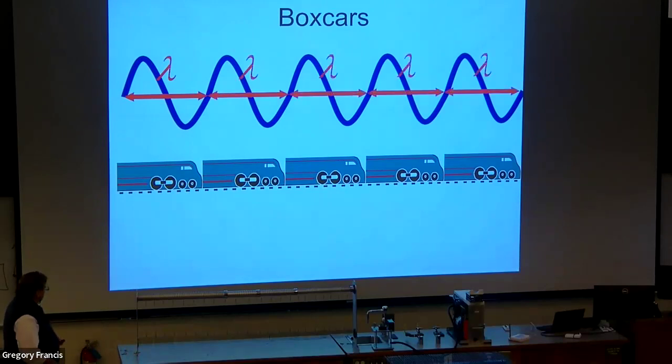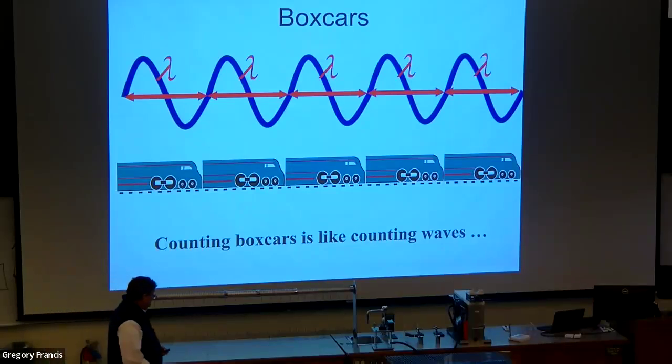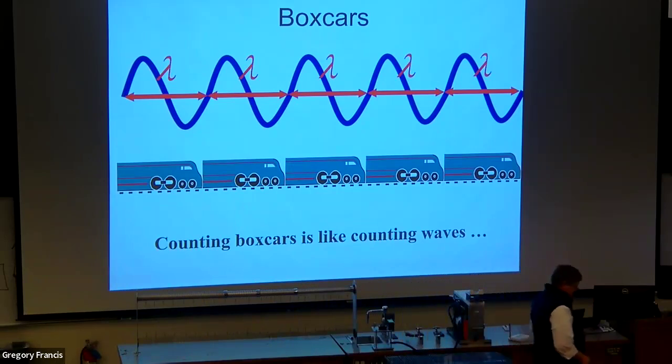And so that tells us that the units of this lambda, that's the Greek letter lambda, well, it's a length, wavelength. So it has to be meters. And so counting boxcars is the same as counting waves. And we're going to make use of that in just a few moments here.